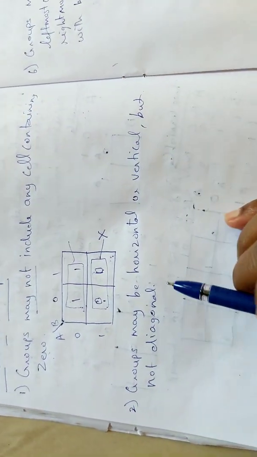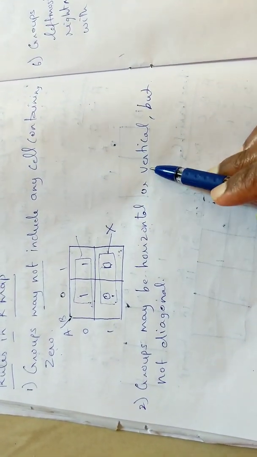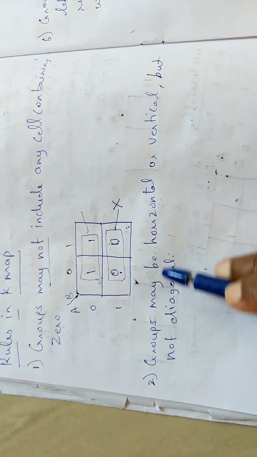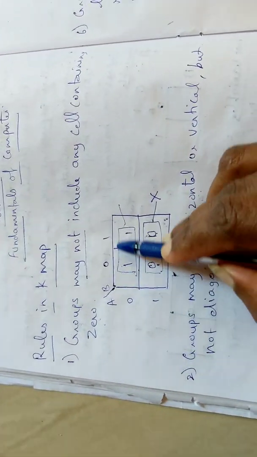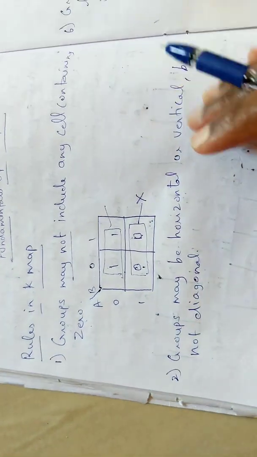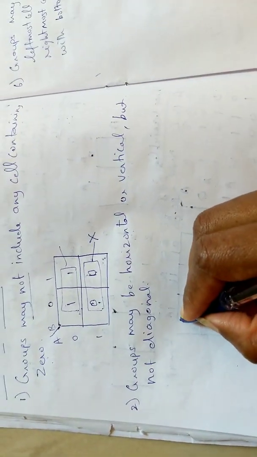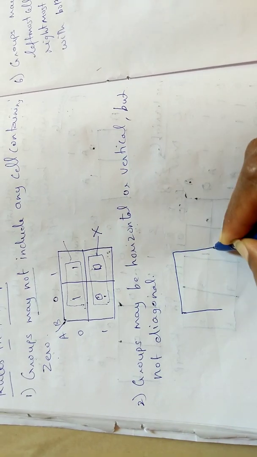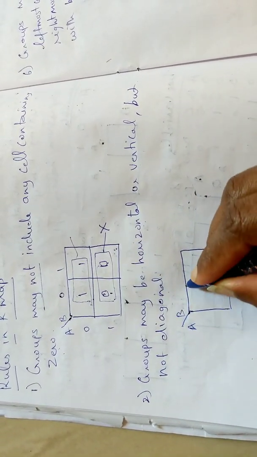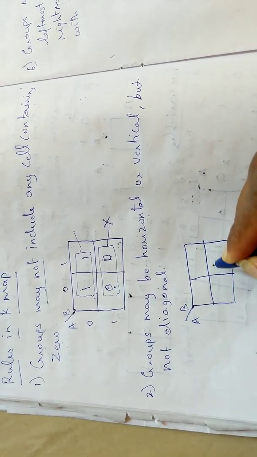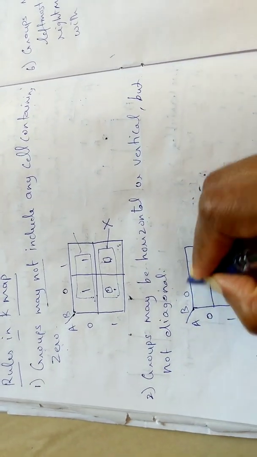Next, groups may be horizontal or vertical but not diagonal. The group should be either horizontal or vertical. I'll show you. Suppose I have a two variable K-map with AB, 0 1 and 0 1. Do you remember?